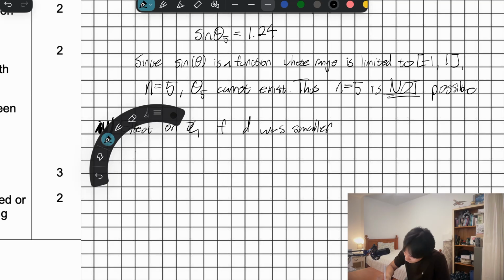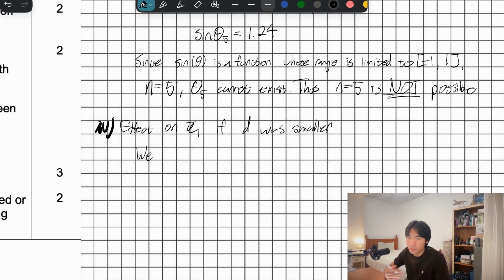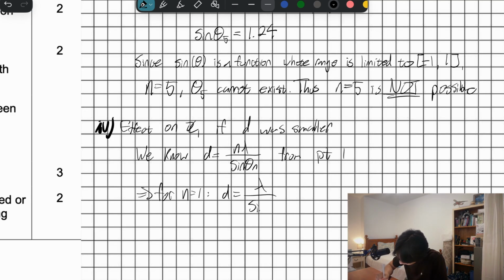So we know, we're going to do a lot of invoking from the previous question again. We know that t is equal to n lambda over sine theta n from part 1. So for n equals 1, you can say that t is equal to lambda over sine theta.